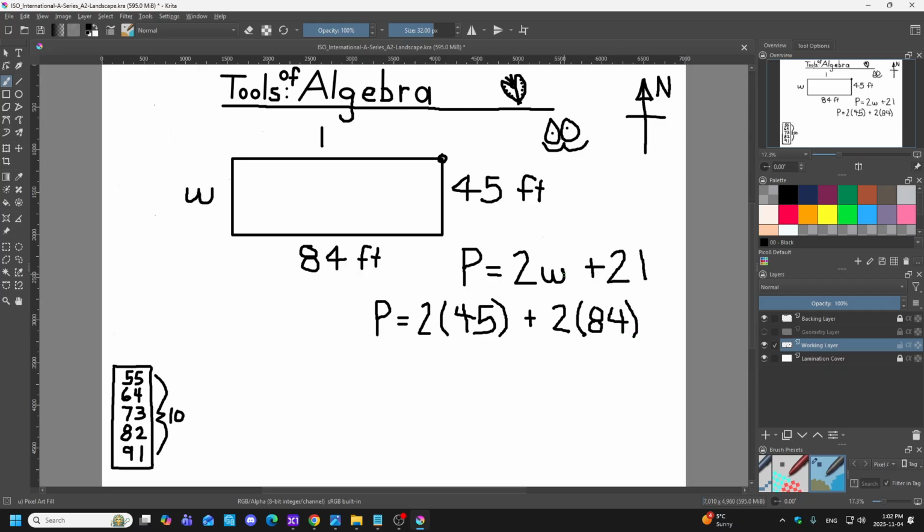The variables or letters we use are used as symbols for substitution. 45, so we're going to solve the left hand side and the right hand side.